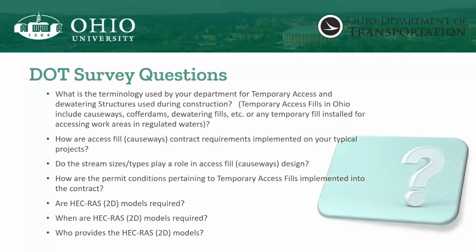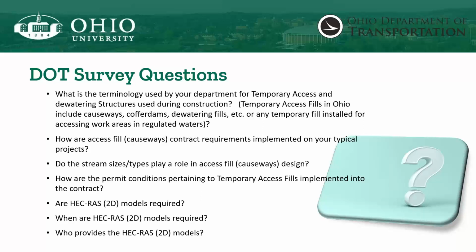So the first step is the survey. These are some of the questions that we asked. Typical questions: what kind of terms do you use for these types of structures? In Ohio, ODOT calls them temporary access fills, but some other departments have a different name for it. What kind of requirements are there, and what stream side types are available in these designs?